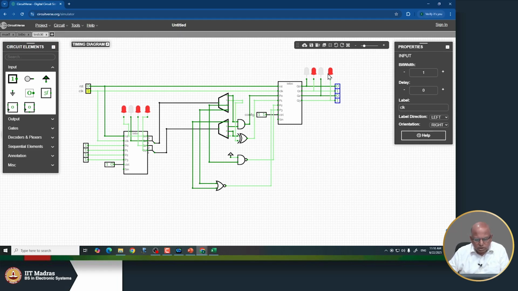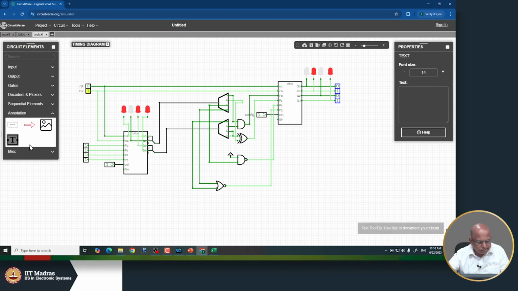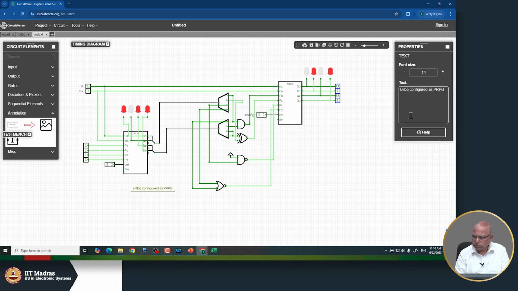Okay, so we are using this Bilbo as a PRPG. And this one is configured as a MISR.